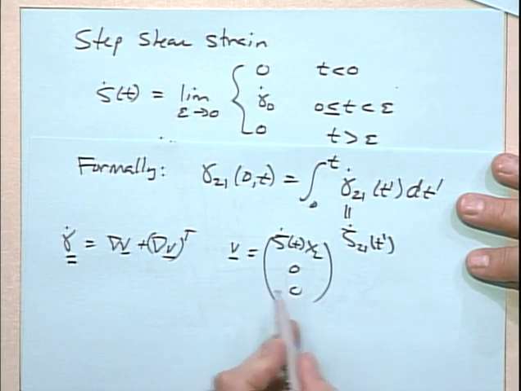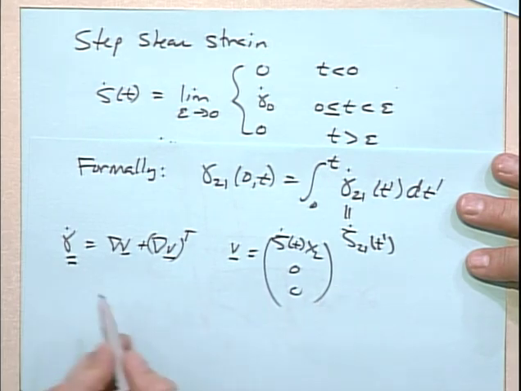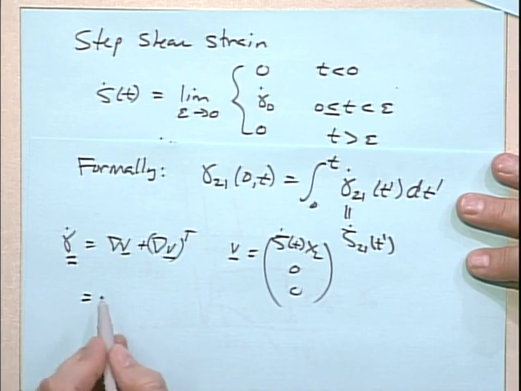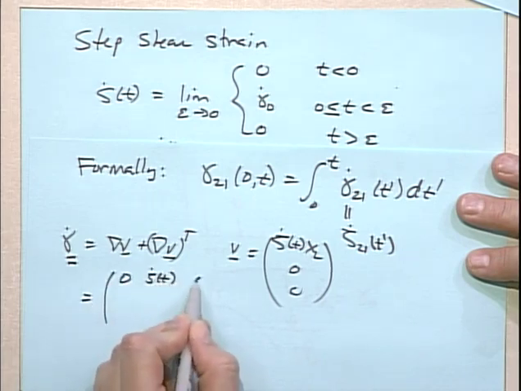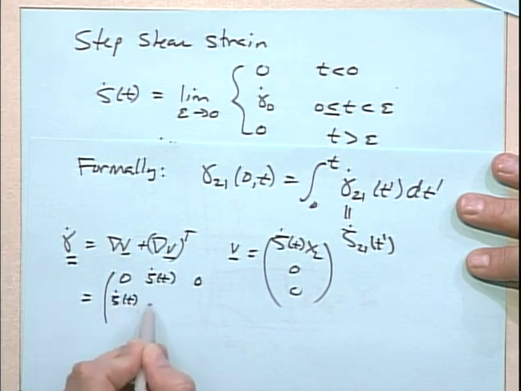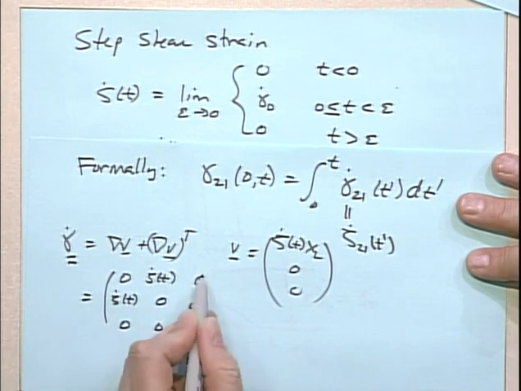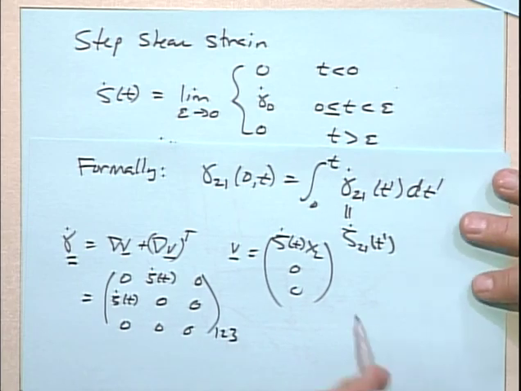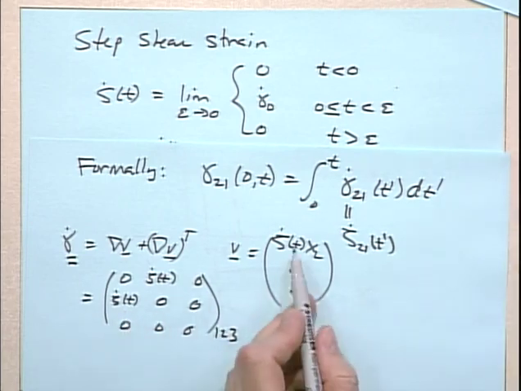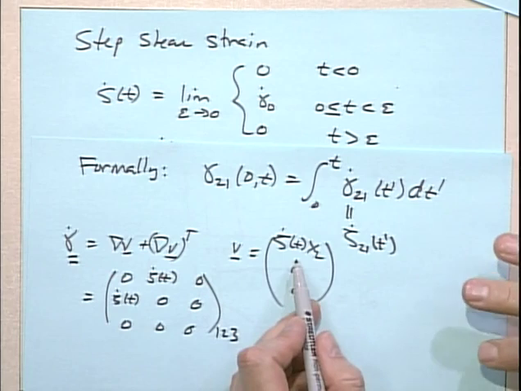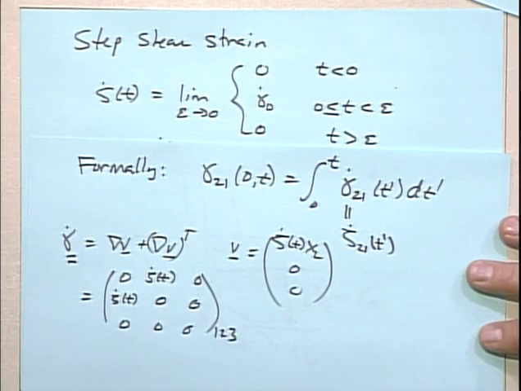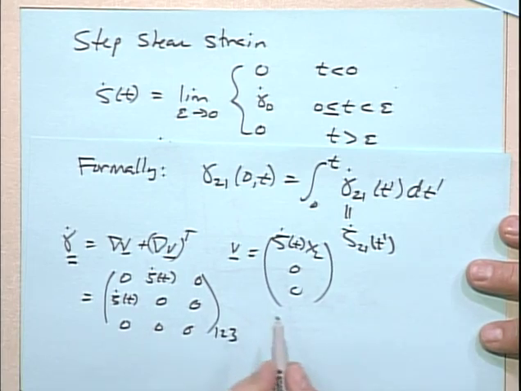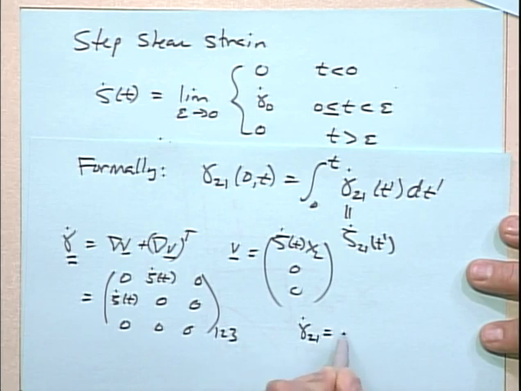So when we take this and calculate gamma dot, the tensor, we get 0, sigma dot, 0, sigma dot, 0, 0, 0, 0, 0, because only the 2-1 component exists, and then when we take del V plus del V transpose, it shows up in those two positions. So that means gamma dot 21 is equal to sigma dot.